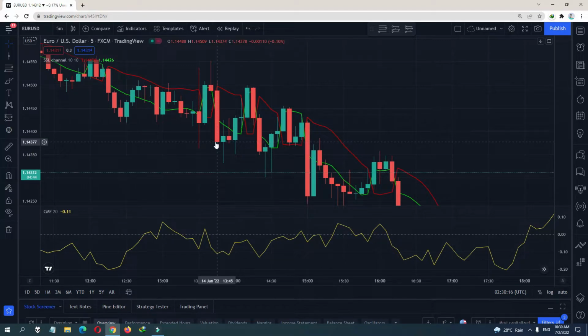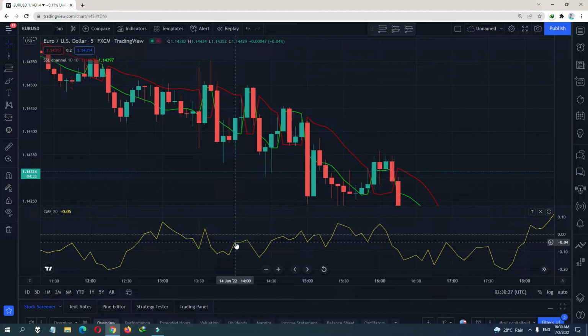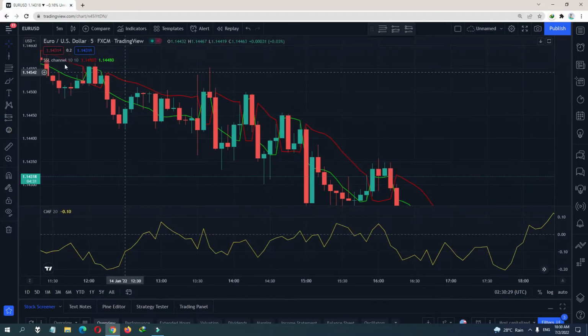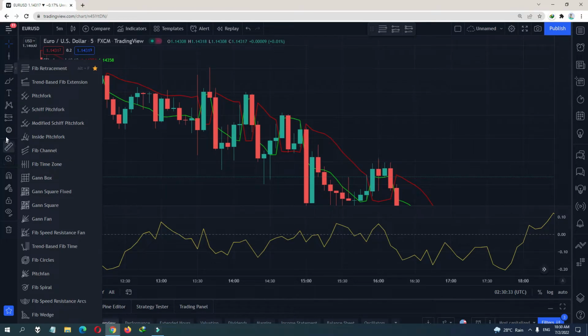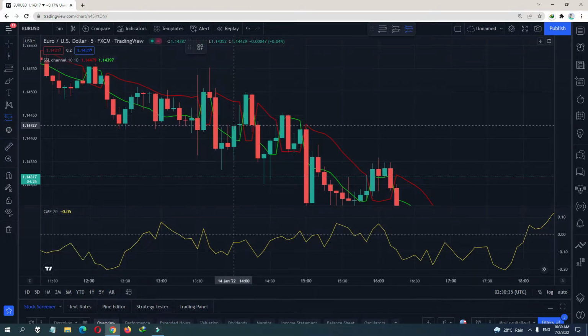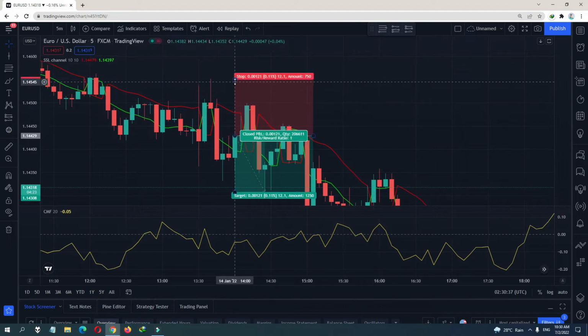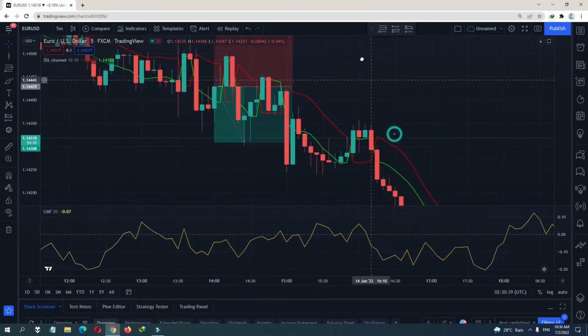This is our original entry point, so it has to be higher, and you can enter here because the SSL channel doesn't flip and the Chaikin Money Flow is still below 0. So you actually have a smaller stop loss. It's actually better to wait. You can enter here with the original stop loss, and you can target 1 to 2.